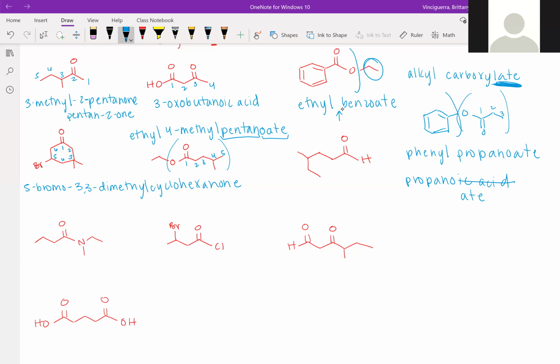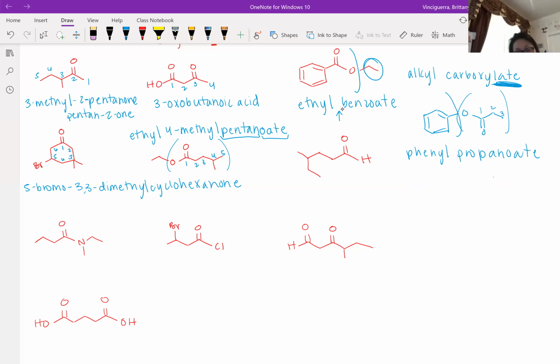So you can leave the O there, though, is the problem. Propanoate. So that name is just ethyl 4-methylpentanoate. And this space in between is what indicates to us that it's an ester.